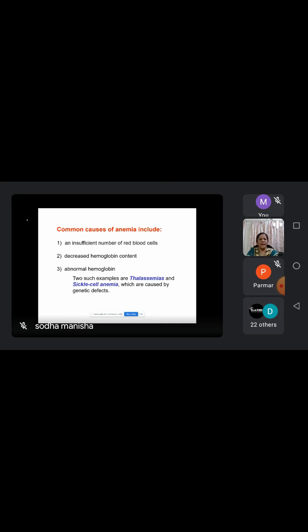Preparations containing iron in ferrous form are prescribed because iron will be well absorbed from the gastrointestinal tract in ferrous form. So ferrous fumarate like preparations are prescribed to patients suffering from this type of iron deficiency anemia.